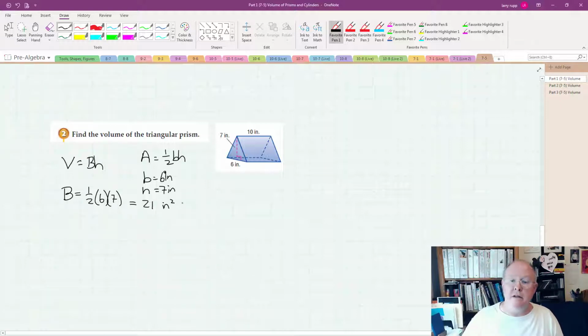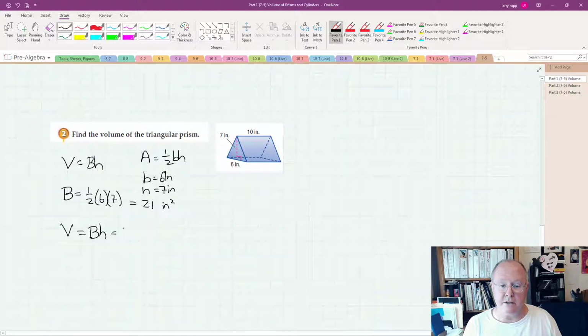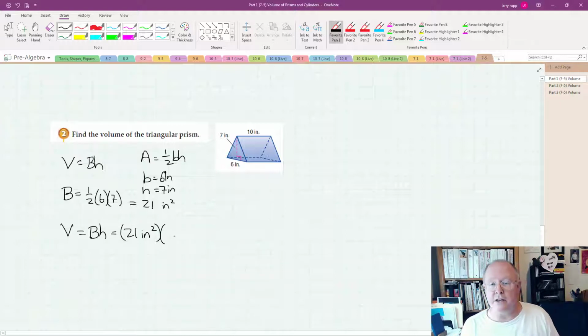That's the area of the base face of that triangular prism. Back to our formula then, V is equal to BH. Okay, we just calculated the capital B, the base. That was 21 square inches. And we multiply that by the H. Now in this case, the H is the 10 inches. That's how you're basically pulling that into the 3rd dimension.